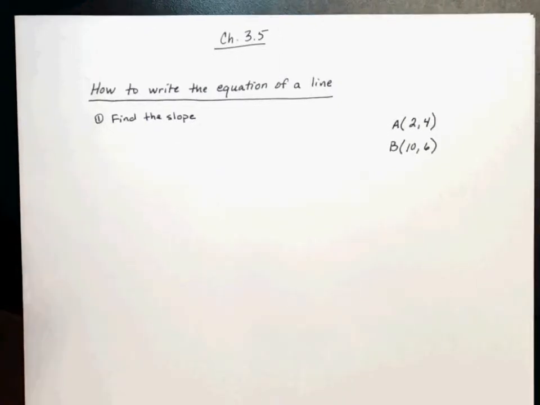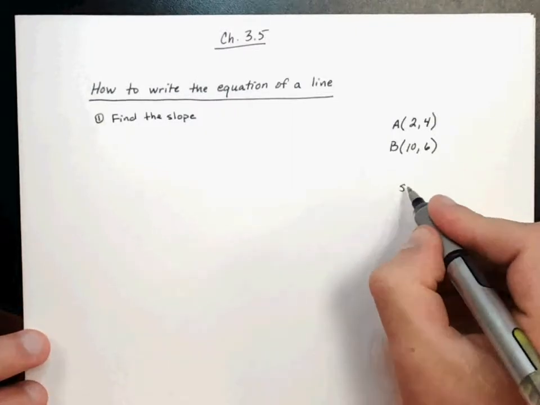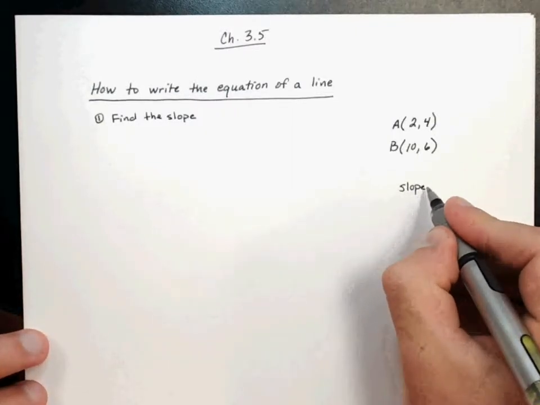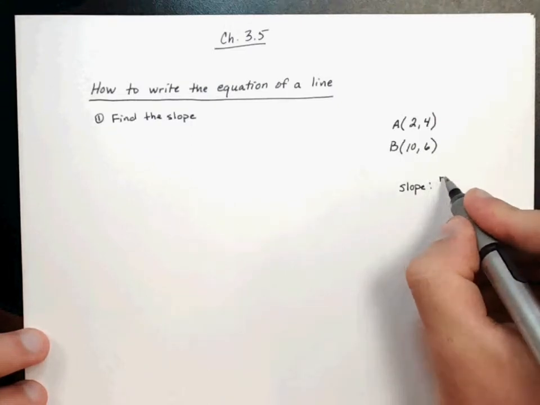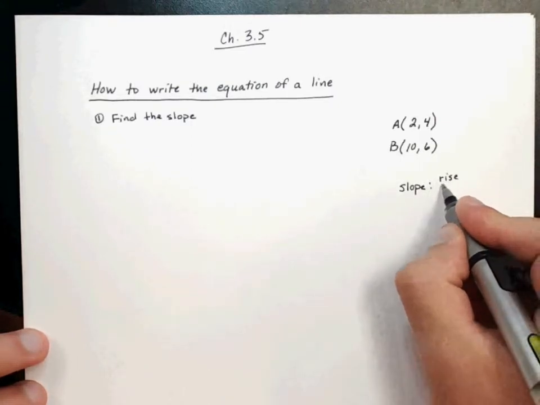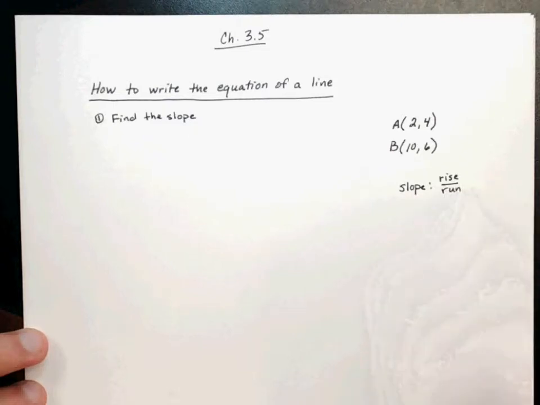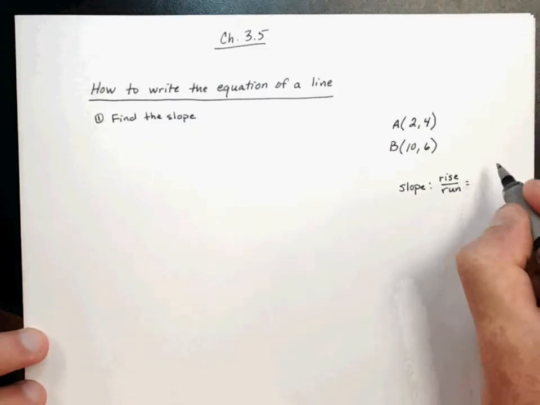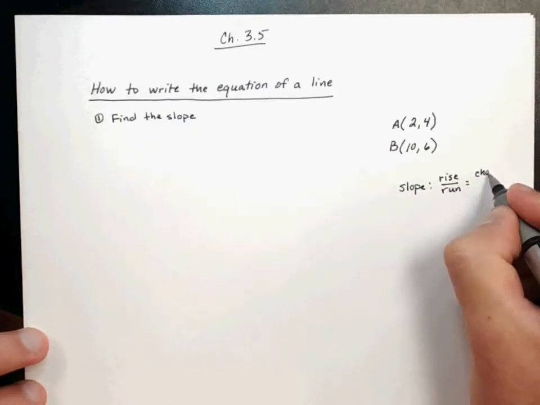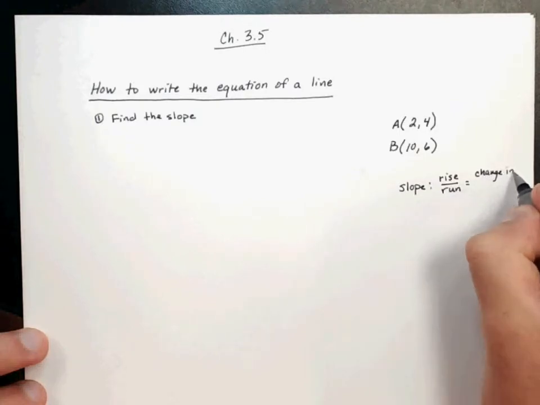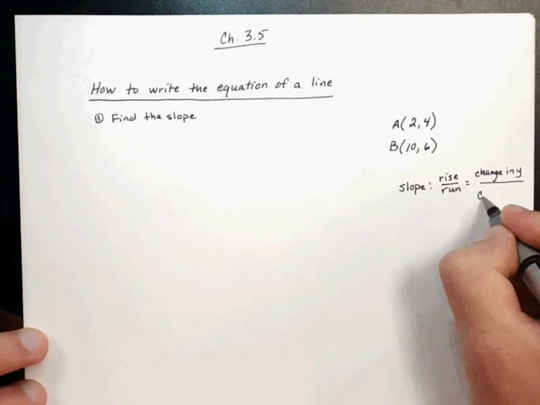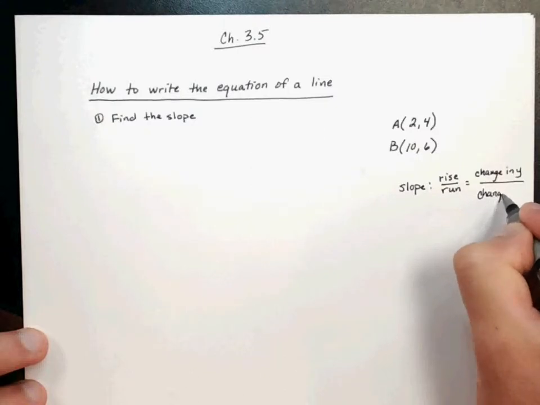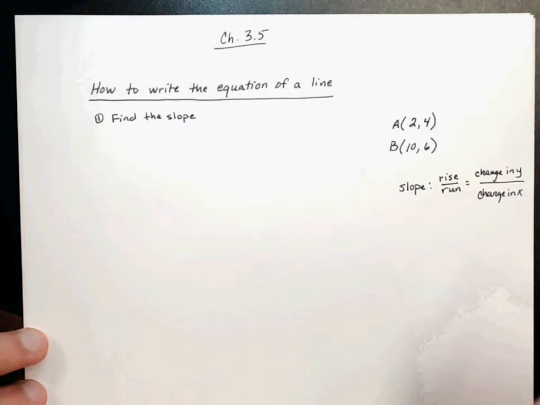Right? Find the slope. Now we talked about slope last time in 3.4, and we said that slope is the rise over the run, okay? And we also say that it is the change in y over the change in x.